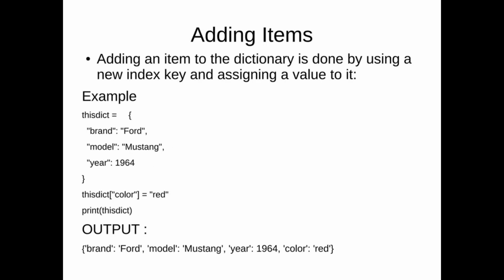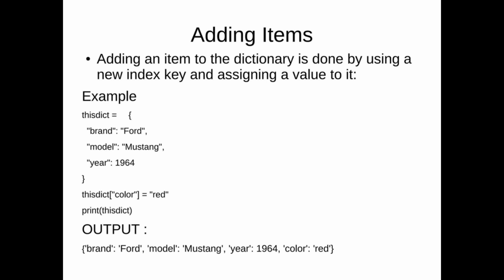Adding items. Adding an item to the dictionary is done by using a new index key and assigning a value to it. Now I want to add an item to the dictionary. Using the same example, this dictionary equals curly braces, brand assigned as Ford, model as Mustang, year as 1964.